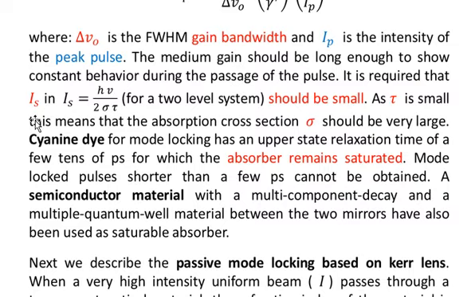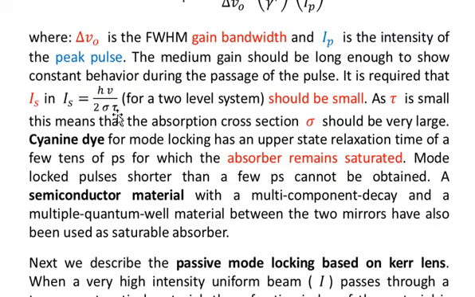It is required that, in this formula, Is, which is given by h nu over 2 times sigma tau for a two-level system, should be small. As tau is small in this expression, which means that the absorption cross section sigma should be very large.